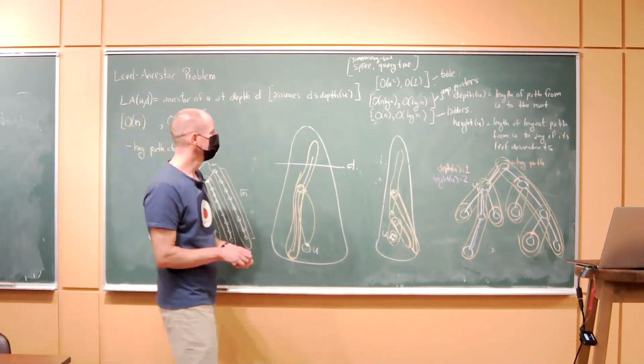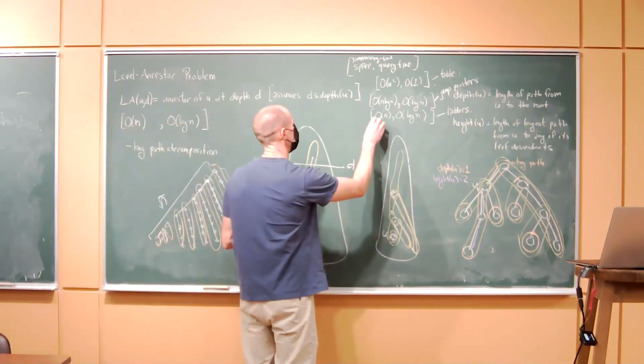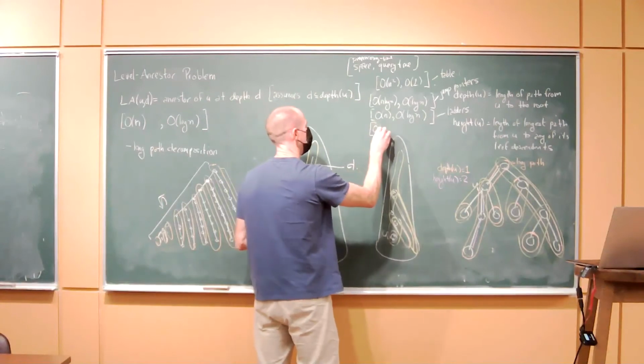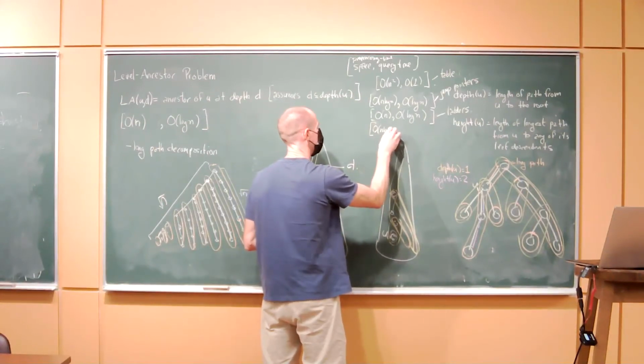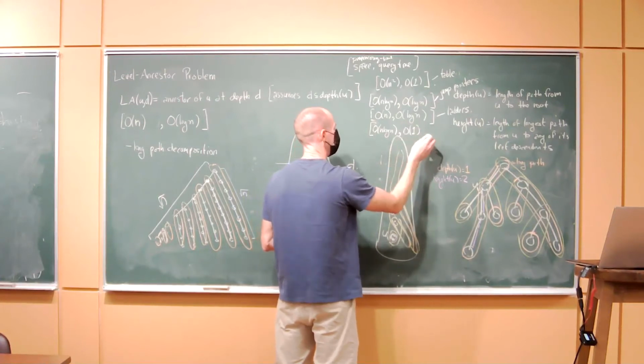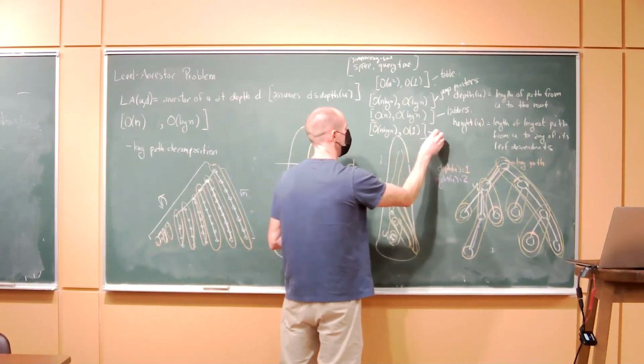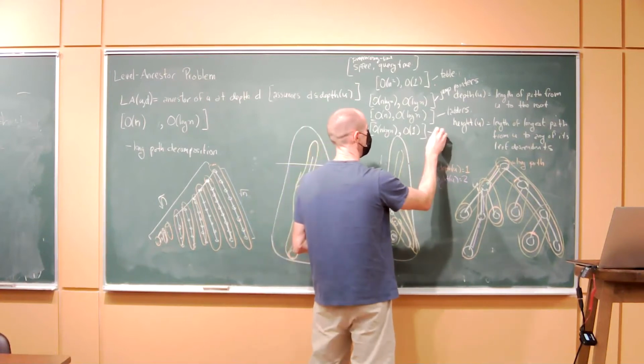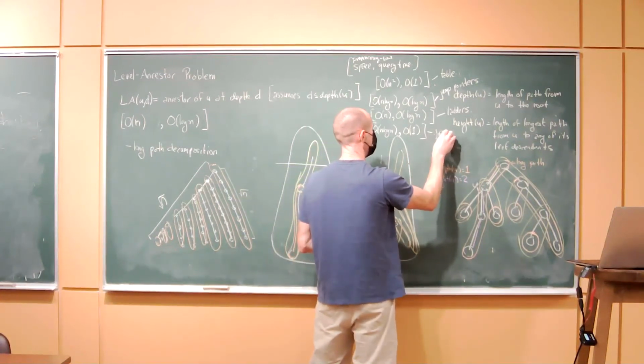Okay. So you can get O of n log n space, constant query time, and this is jump pointers and ladders.